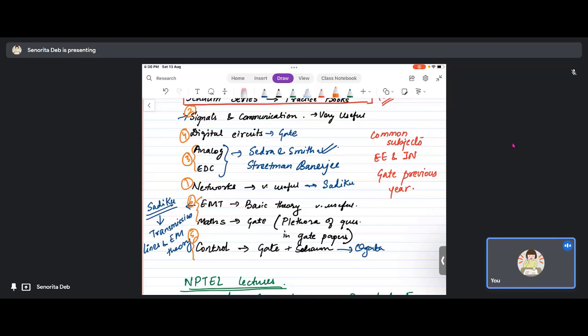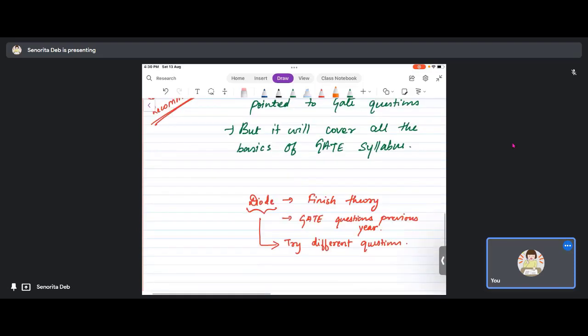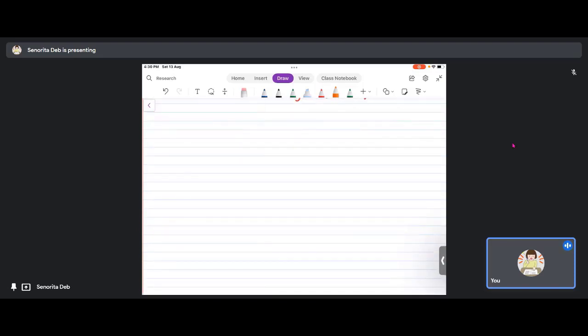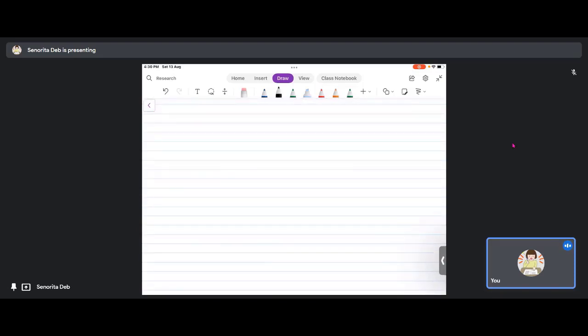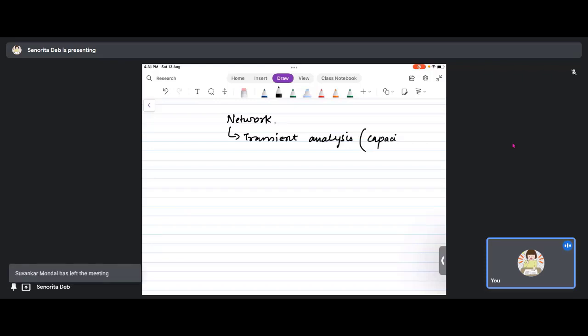Because what happens in GATE is, the question might not be only from network. Suppose transient analysis is mentioned in network, you study transient analysis, all the voltage and current across a capacitor, that kind of analysis that we do. You have studied how to calculate all these things, right?